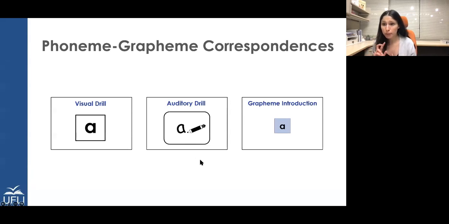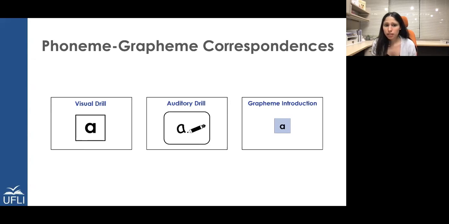Auditory drill is the opposite type of activity where the teacher is presenting the phoneme or the sound, and the student is representing any grapheme that they know for that sound. For example, if the teacher says ah, the student would write on their whiteboard A. Or whiteboard or paper, it could be any writing utensil, paper and plastic sleeve, anything.